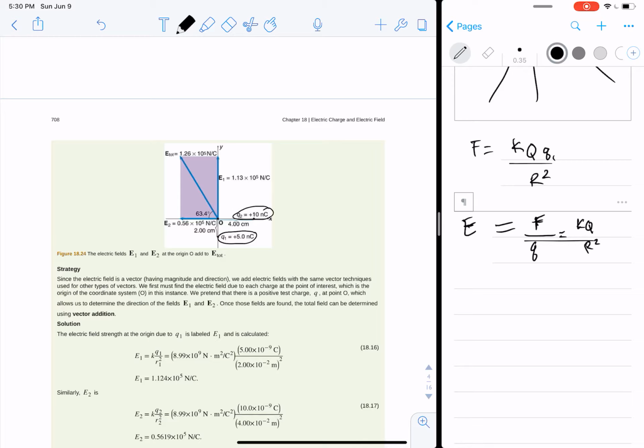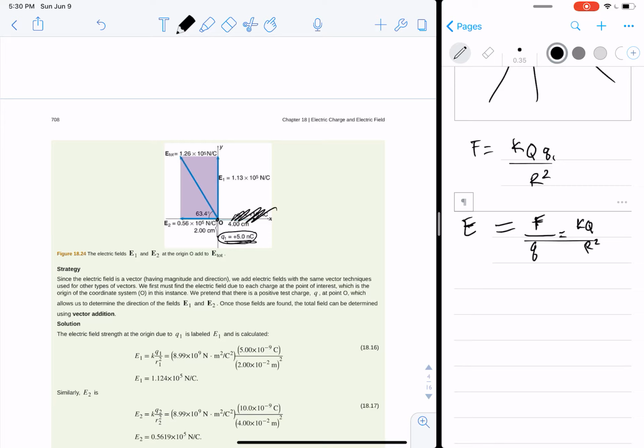It looks like charge 1 is 2 centimeters away from the origin, and Q2 is 4 centimeters away from the origin. The strategy here is to ignore charge 2 and just look at charge 1 and calculate its electric field at the origin.